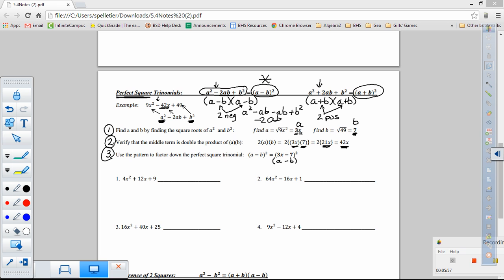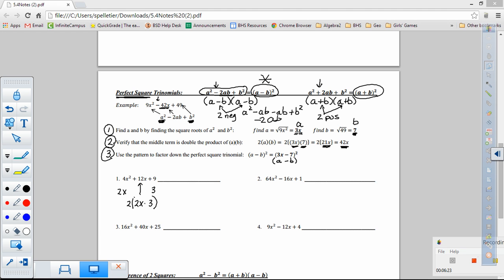Is 4x squared a perfect square? Is 4 a perfect square? Yes. What gives you 4? 2 times 2. What gives you x squared? X times x. So that's your a term. And then you look at your b term. What times itself gives you 9? 3. So that's your a, that's your b. You need 2 a times b, right? This middle term is supposed to be double that.